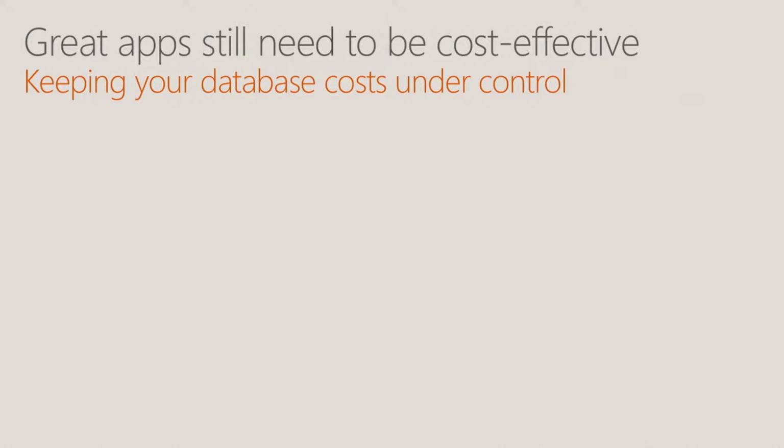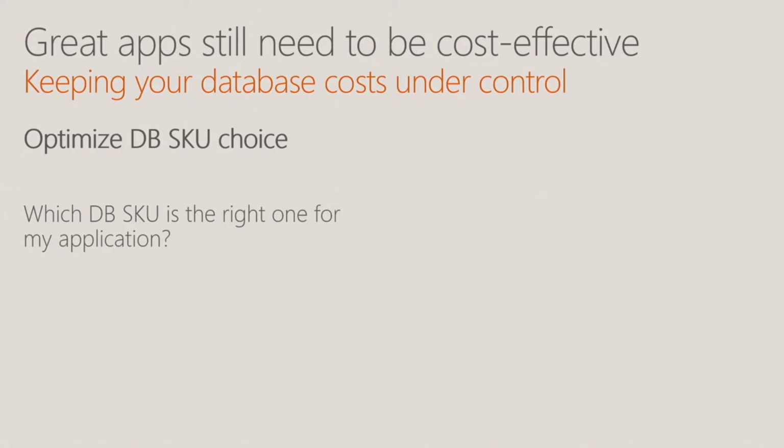So there's two main areas of cost optimization within Azure SQL Database. One is you need to be able to select the right database SKU for your application. There's many SKUs to choose from. Finding what the right SKU for your application is not always easy.